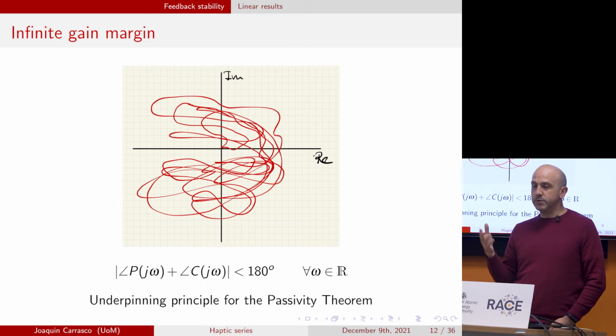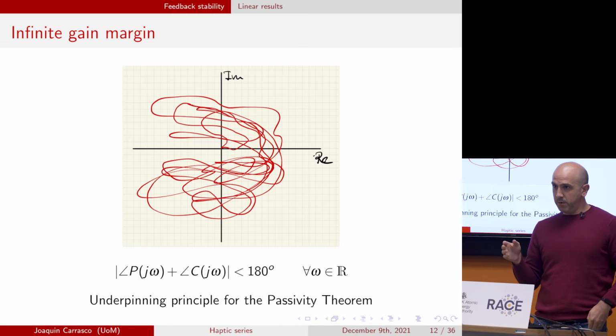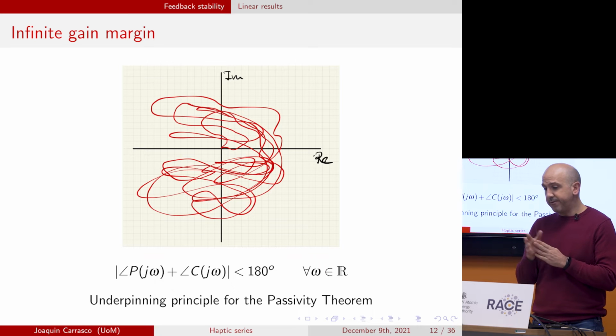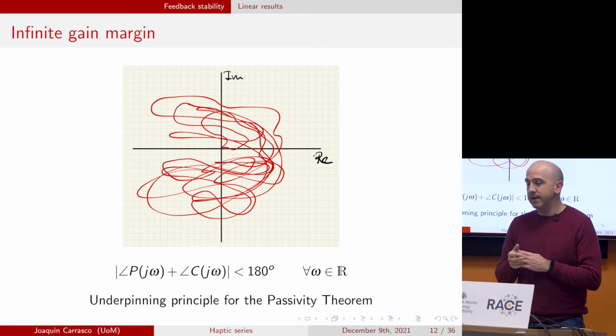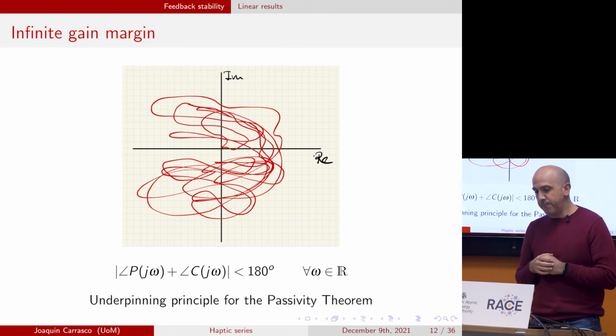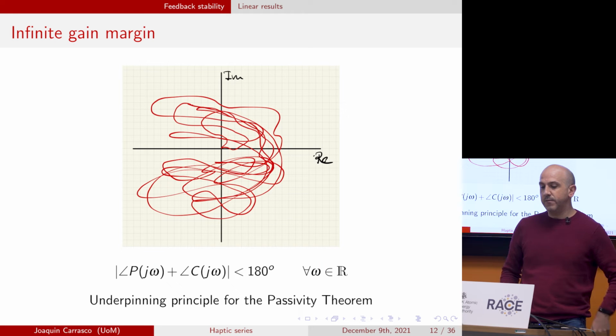If you have two systems where both of them are always positive, the real part is between -90 and +90 in phase, then when you have the addition of the phases of these two, you never can touch the 180 degrees.